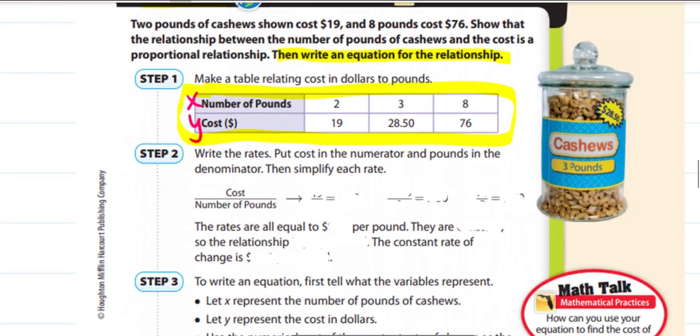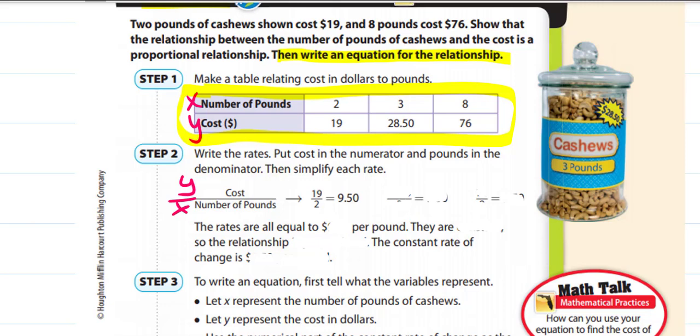So we're going to divide our y divided by our x. And so we'll take the first set of numbers. And if you take a look here, they've already labeled the words for us. This is y, our cost. This is our x. And the first quantities would be 19 divided by 2, and that's going to equal $9.50.